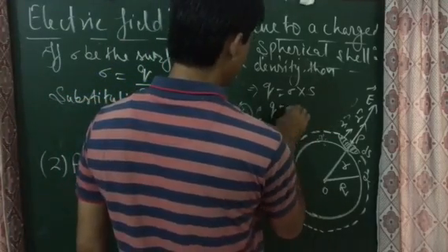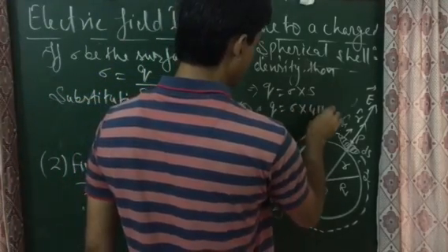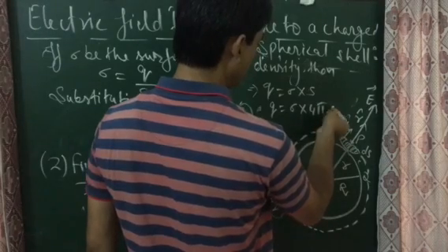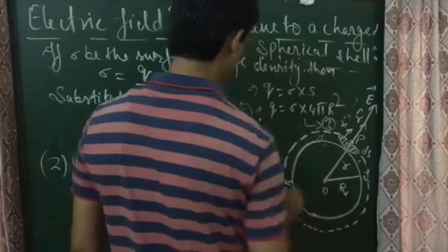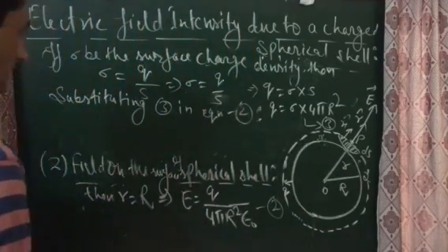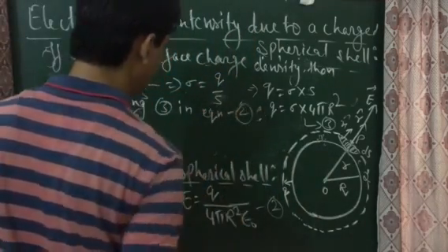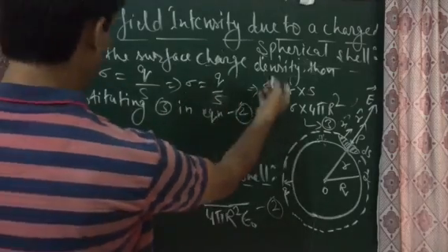So Q is equal to sigma into 4 pi R square. Let this be equation number 3. So 3 को put कर देंगे 2 में.